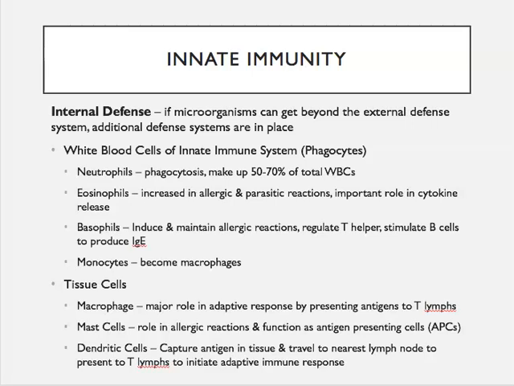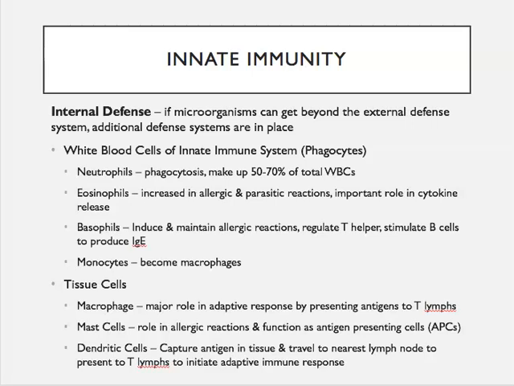Your neutrophils are the ones that play the primary role in phagocytosis. They make up about 50 to 70% of the total white cells in a normal adult. They increase in circulation almost immediately in cases of acute infection, and they go rapidly to the site of infection.